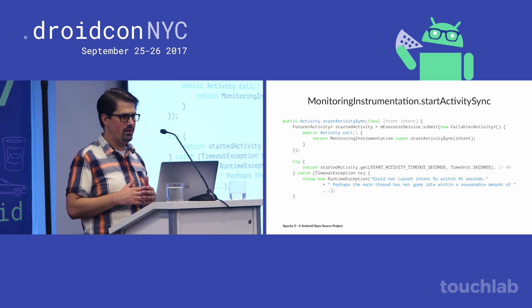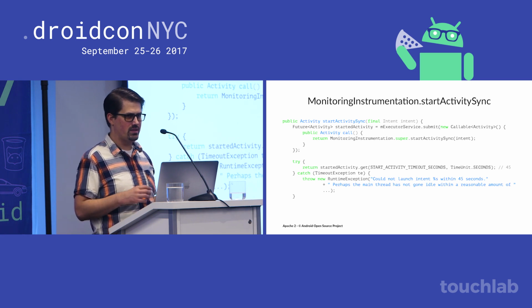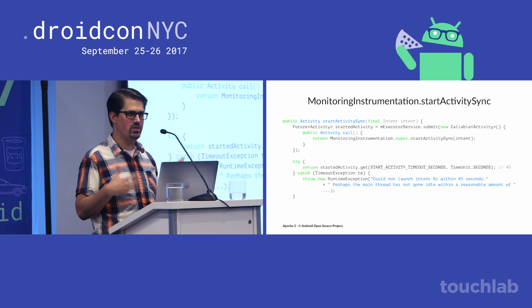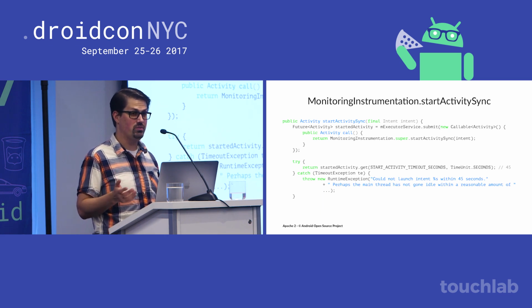Normally, what start activity sync does in the framework version of instrumentation is it starts that activity and waits for it to be resumed, and if it's never resumed, start activity sync never returns. So your test could just hang forever, which is not great. You would like a timeout at some point.